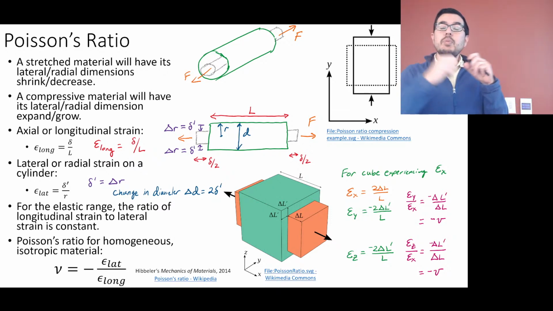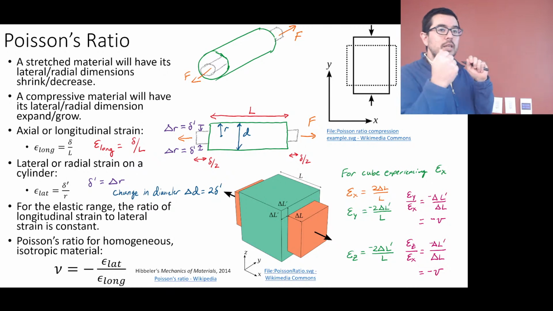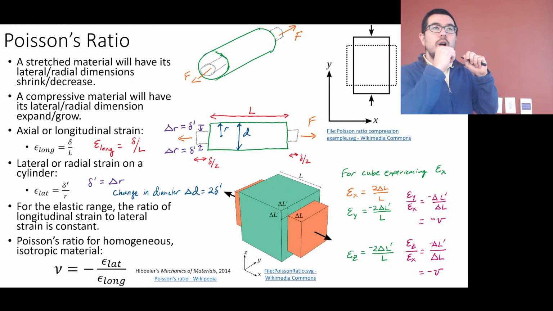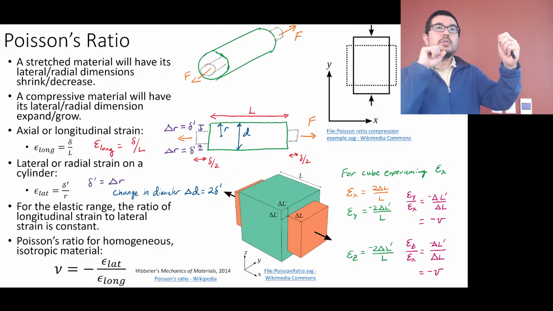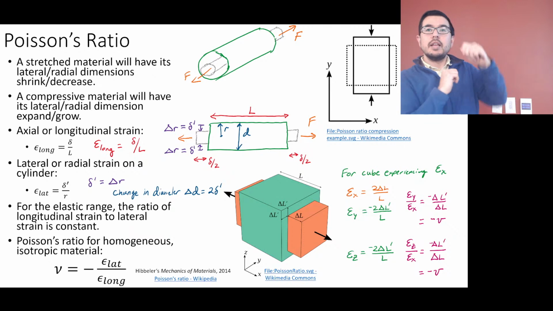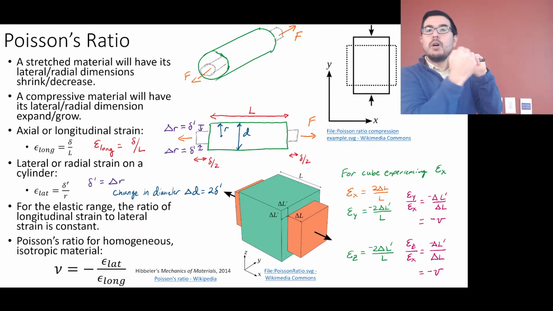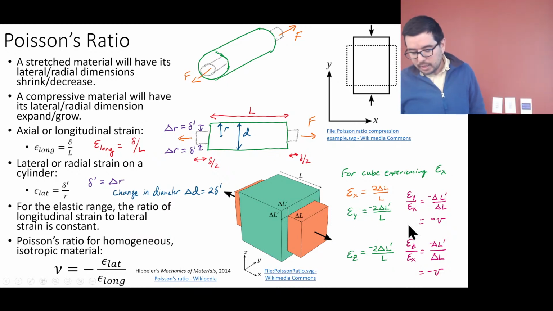If I pull in X, I see shrinkage in Y and Z. If I pull in Y, I see shrinkage in X and Z. If I pull in Z, I see shrinkage in X and Y. And that's all this is saying with these sets of equations. And they come out to have a Poisson ratio of nu. That's how you say this. This is the Greek variable nu.